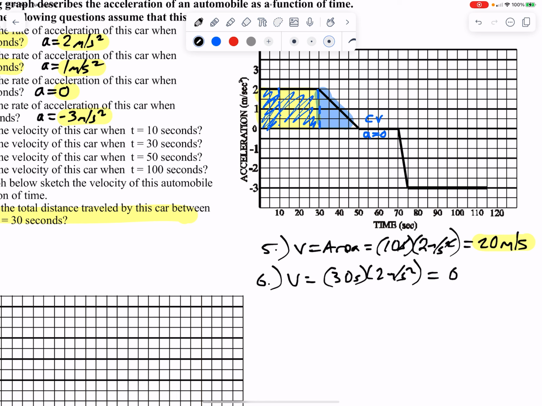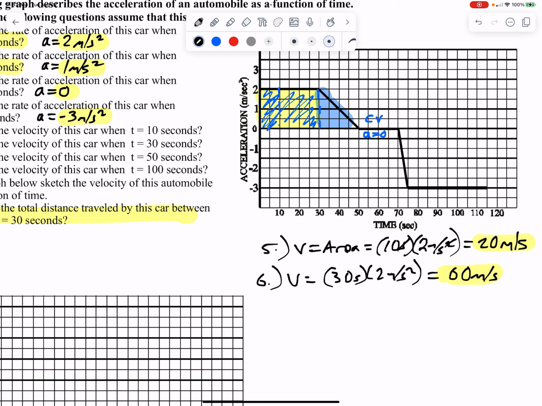That would give you a speed built up to 60 meters per second. So the car starts from rest, and after 30 seconds, it has built up to 60. And that makes sense because if it's 2 meters per second squared, you're going 2 meters per second faster every second. So after 30 seconds, it makes sense that you have built up 60 meters per second of speed at that point, which equates to a little over 120 miles per hour, just to put it in familiar terms.